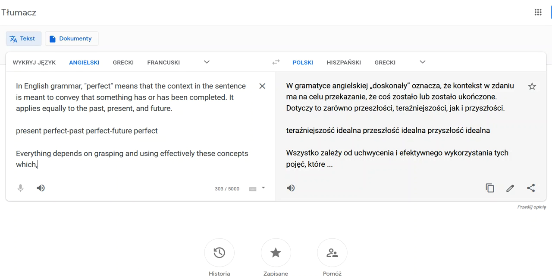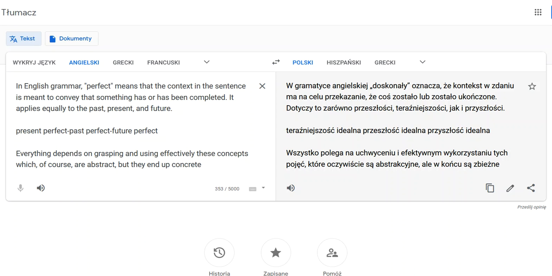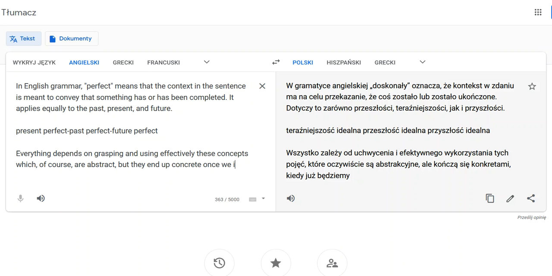Which, of course, are abstract, but they end up concrete once we internalize their meaning.